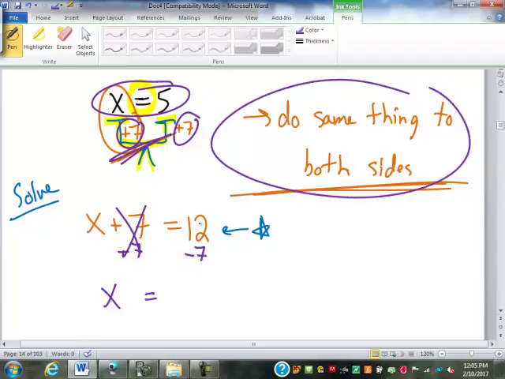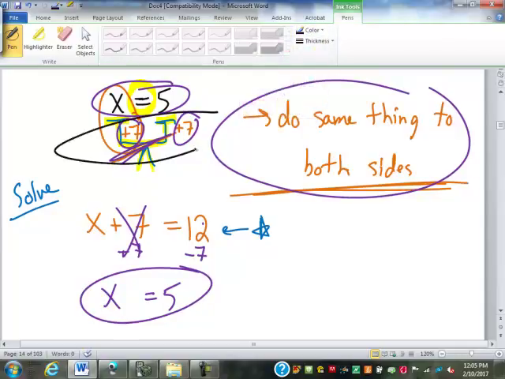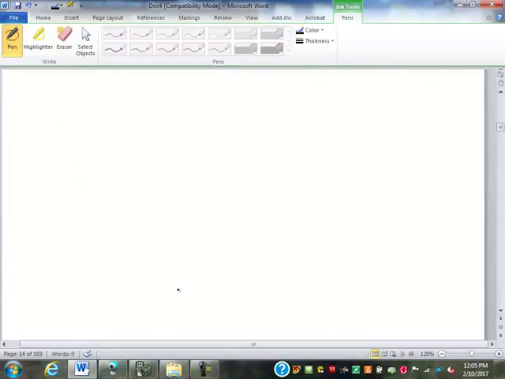So I subtract 7 over here, 12 minus 7 is 5. So I'm back to x equals 5. We've solved the equation. Now we built this equation, so we knew how it was built, so we knew exactly what we had to do to take it apart. So the first skill we need for equations is figuring out how they are built.